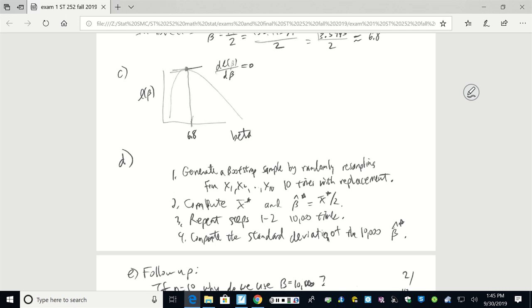Instead of doing all that, 10,000 is a pretty large number of sample points to estimate the sampling distribution. Beta hat has a sampling distribution, so with 10,000 samples like that, it'll give us a lot of information about it. We can get the standard deviation of it, we could get the percentile ranges of it. So you see a pretty clear picture of what that is.